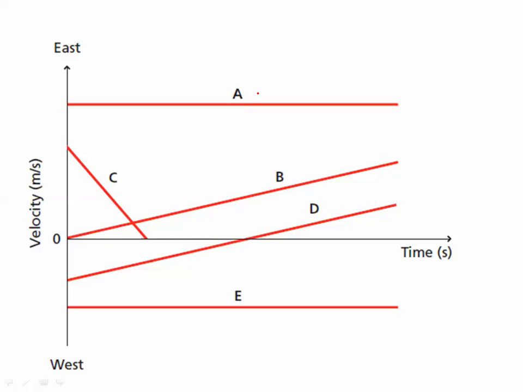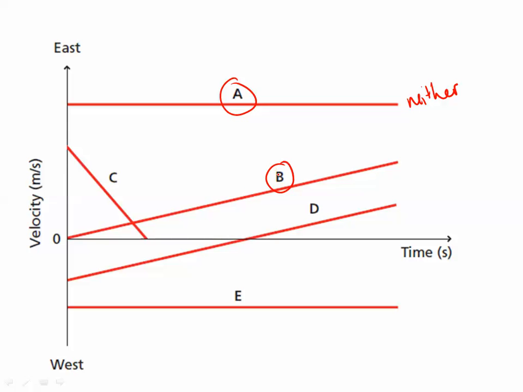But let's just look at these examples here. Tell me whether each of these are speeding up or slowing down. First, let's look at A. What do you think A is doing? If you said A is doing neither, you are correct, because A has a horizontal line, meaning it has zero slope, zero acceleration.